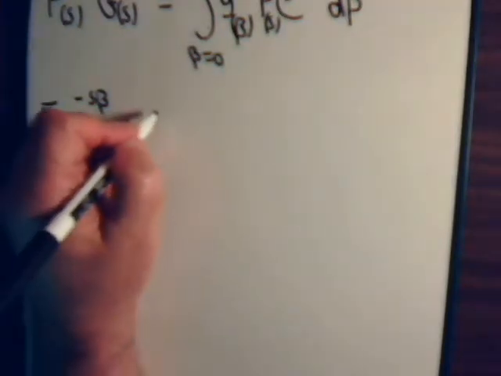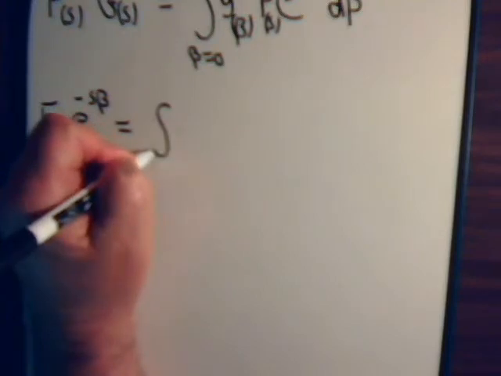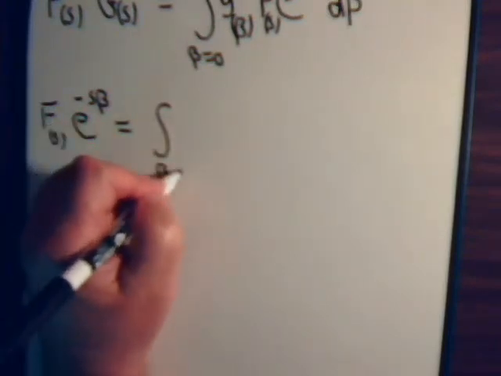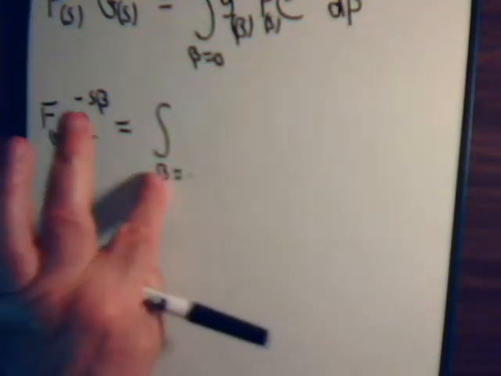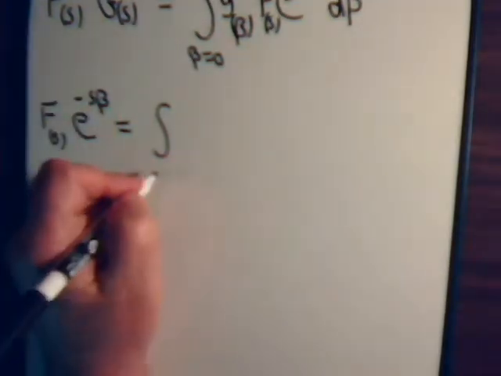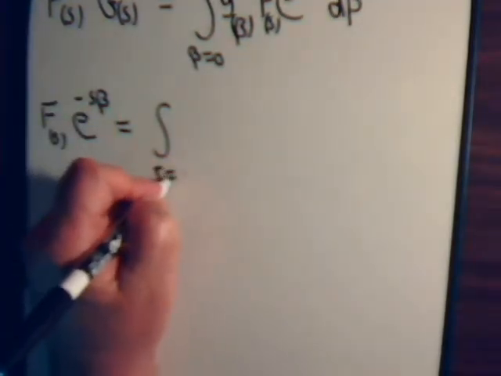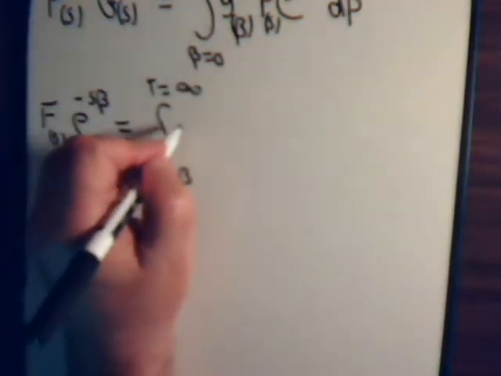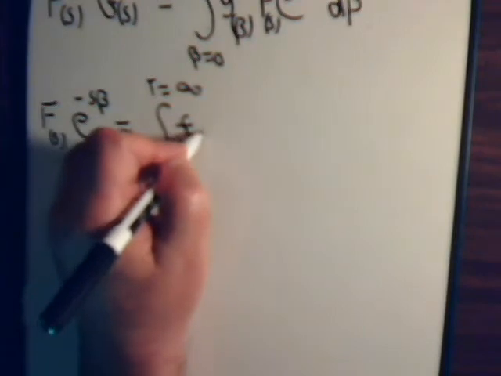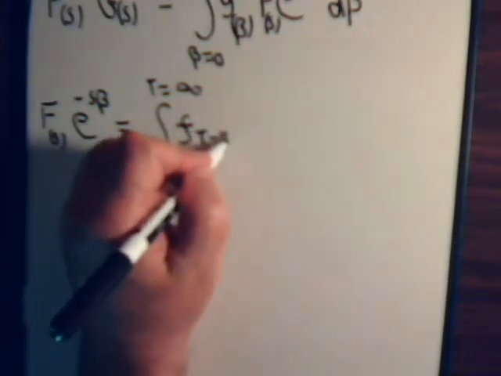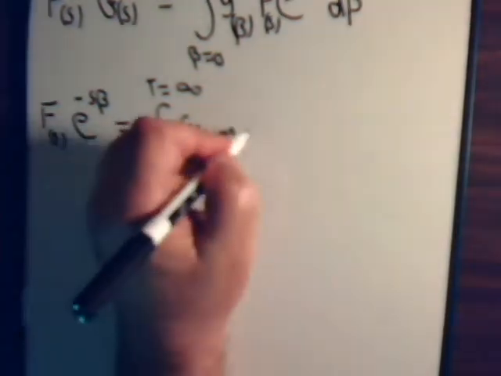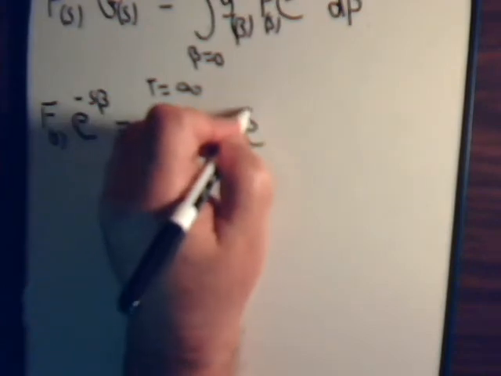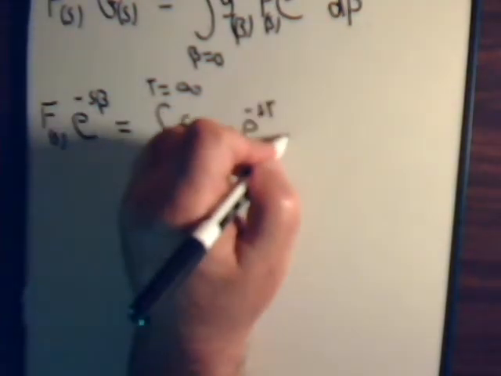So this equals the integral t equals beta to t equals infinity of f of t minus beta e to the minus st dt.